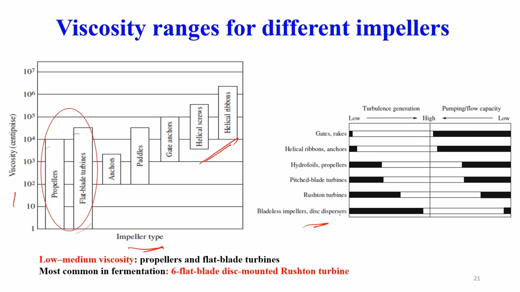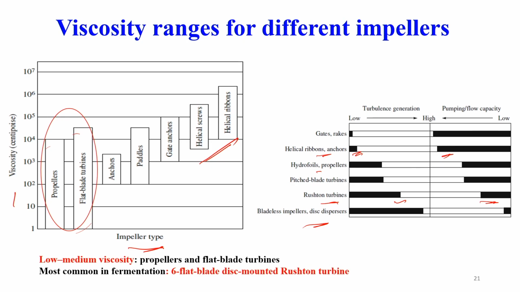For the turbine, the turbulence dispersion is in the desired range, and it also requires less pumping. But if you go for helical ribbons, which handle high viscous fluid, the turbulence is still less and the pumping requirement is much higher.